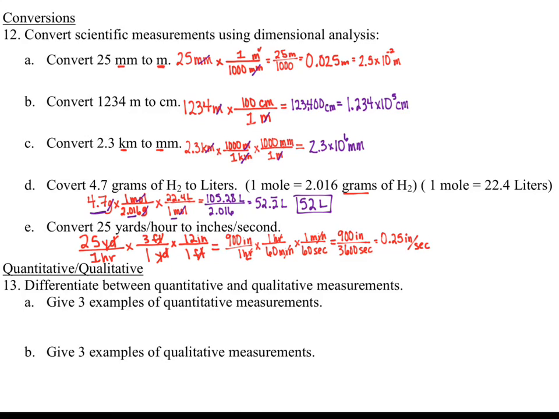All right, so 13 is asking us to differentiate between quantitative and qualitative measurements, and this one can vary. Give three examples of quantitative measurements. And again, remember, look at quant. When I asked you what quant reminded you of, you said quantity. And you were right. Whenever I ask you for a quantity of something, you're going to respond with a number. So how much do you weigh?